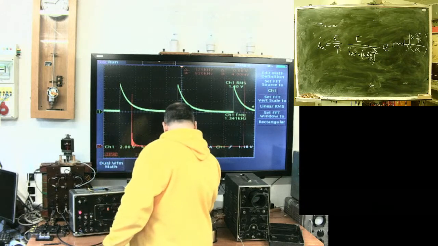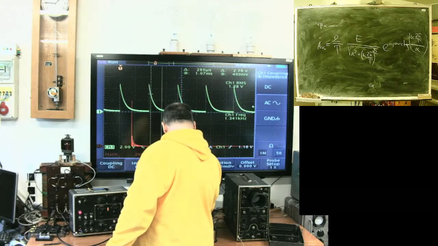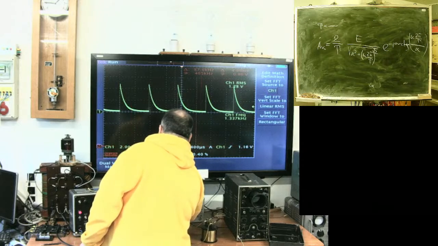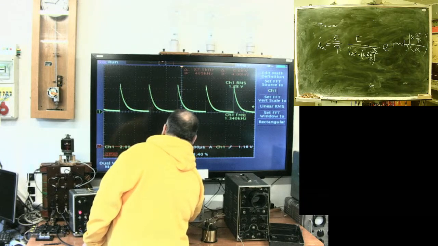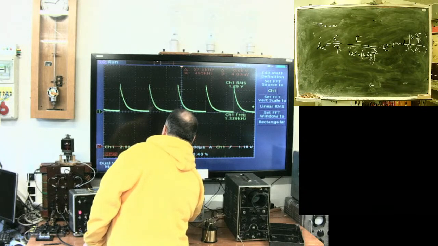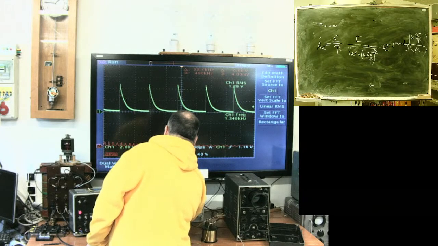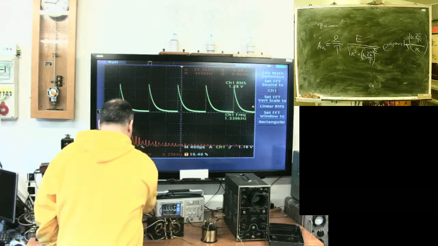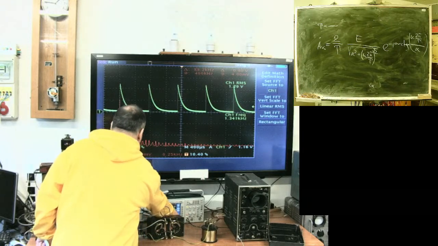Okay, this is fine. My scope, what I'm doing.